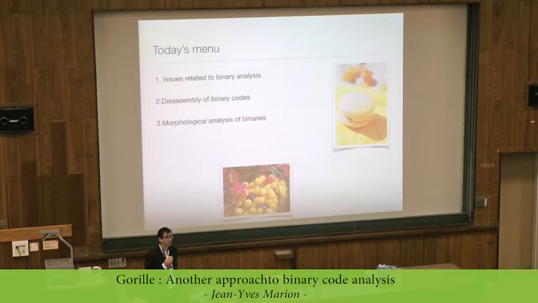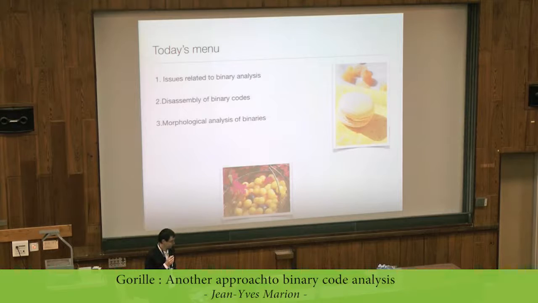So, what is the menu today after this very nice lunch at noon? First of all, I will talk about what kind of issues we are addressing during this talk. And then I'll talk about disassembly of binary code. Of course, not regular binary code which comes from GCC or the C compiler that you prefer, but which comes from malware writers.